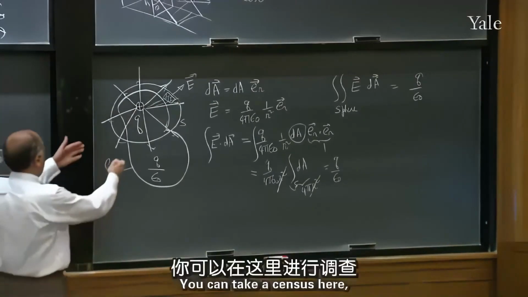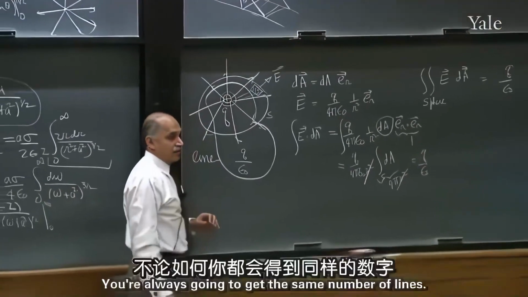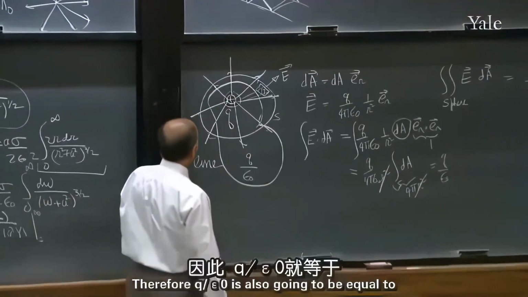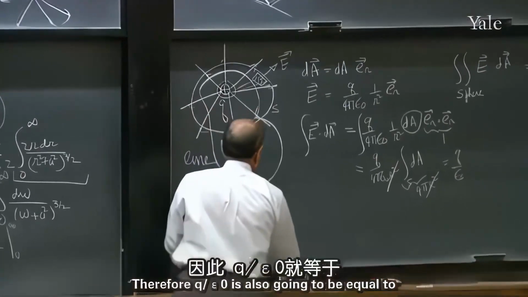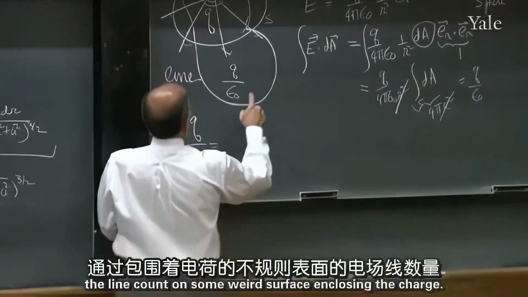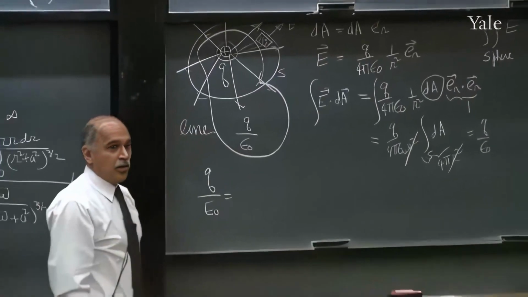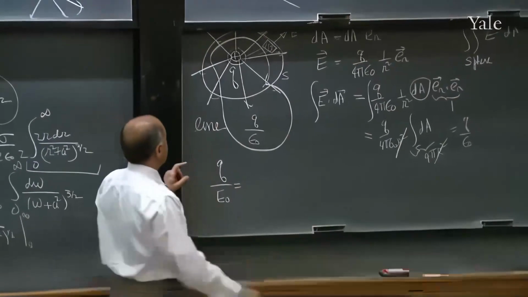Therefore, you can count them anywhere you like. You can take a census here, you can take a census there or there, you're always going to get the same number of lines. Therefore, Q over epsilon 0 is also going to be equal to the line count on some weird surface enclosing the charge. So how am I going to count the lines on a weird surface?